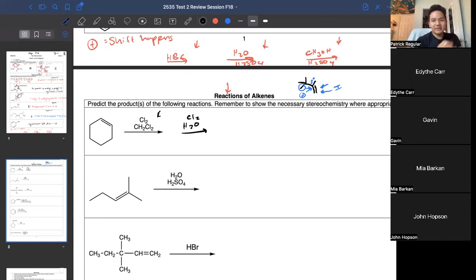One is protic. The right one is protic. So it can add an OH because OHs are pretty nucleophilic.